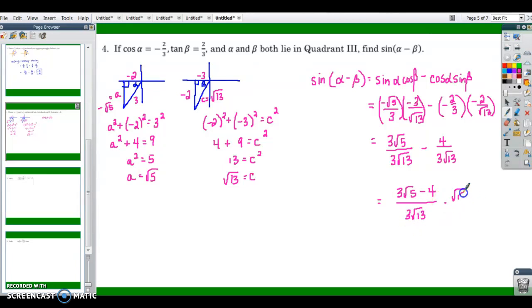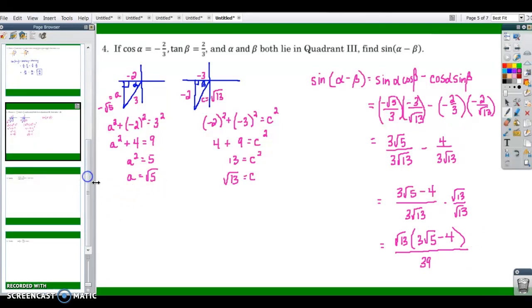And if I go ahead and rationalize that, I end up with root 13 times 3 root 5 minus 4. Root 13 times root 13 is just 13. 13 times 3 is 39. You can distribute that root 13 in the numerator, or you can leave it there.